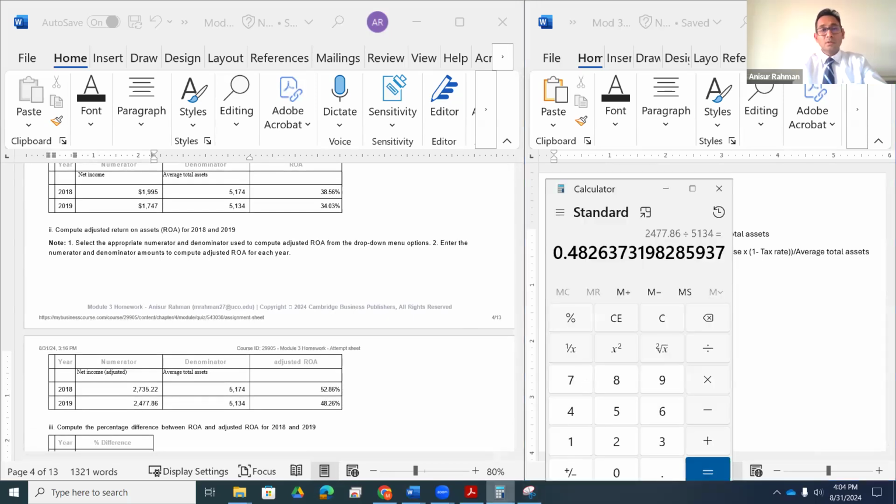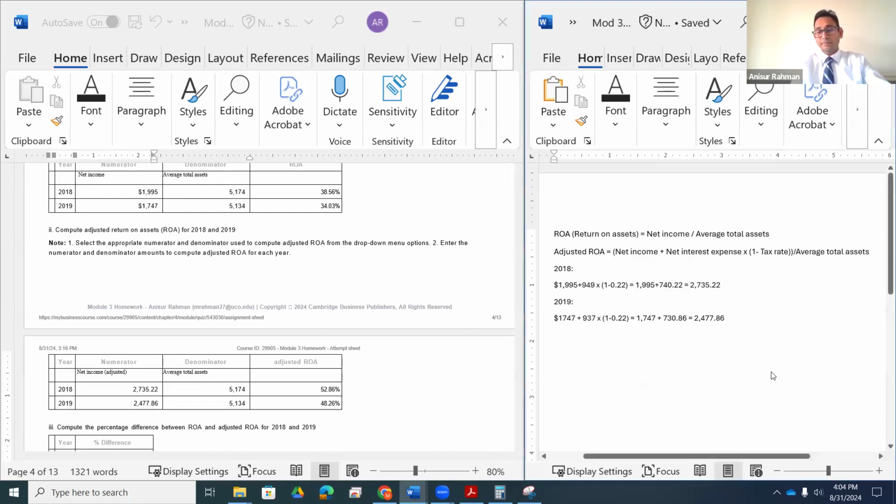So for 2018, what we have to do is take the adjusted ROA, which is 52.86, and all of them are in percentage, so I'll ignore the percentage. 52.86 minus 38.56 divided by 38.56.